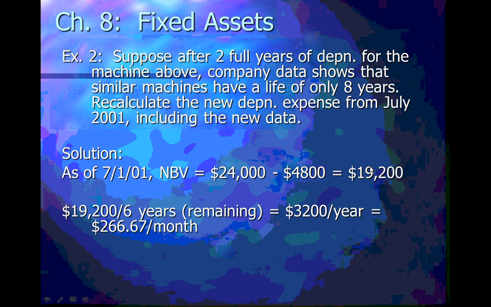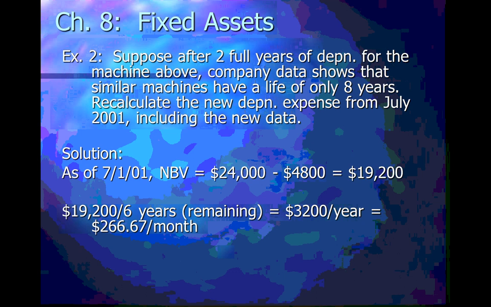So now we take this dollar amount, 19,200, the remaining net book value, and we're going to spread it out over 6 years left, when if we hadn't done this at all, if we stuck with the original schedule, it would be 8 years left. So when the bottom of the fraction gets smaller, the total number per year gets bigger. It turns out to be this number divided by 6 years left gives me 3,200 a year. Well, it used to be 2,400 a year. So now divide this number by 12 and you get 267 per month approximately.